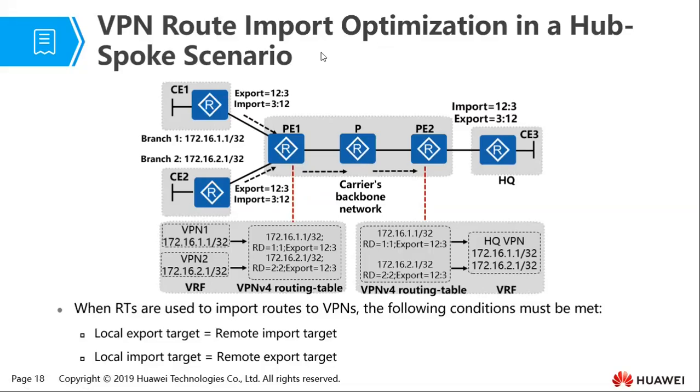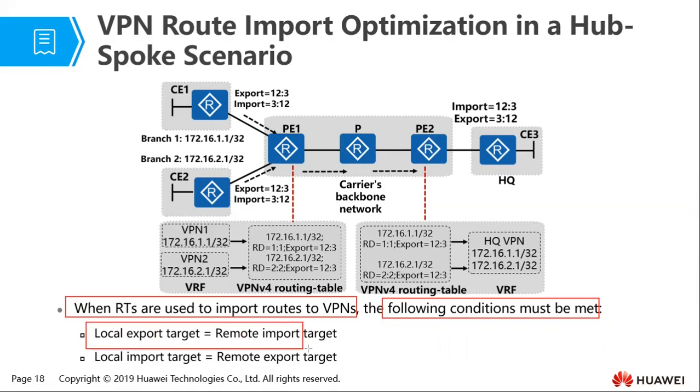Okay. So generally, when route targets are used to import routes to VPNs, the following conditions must be met. As you might have already seen, the local export target must be equal to the remote import target. So let's look at the example in CE1. Our export target is 12:3.